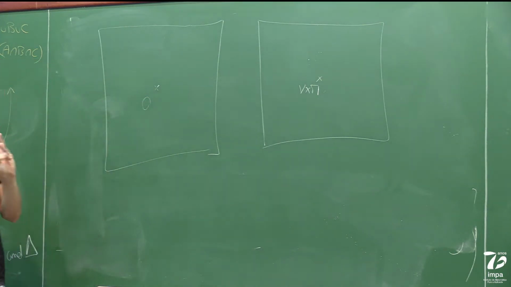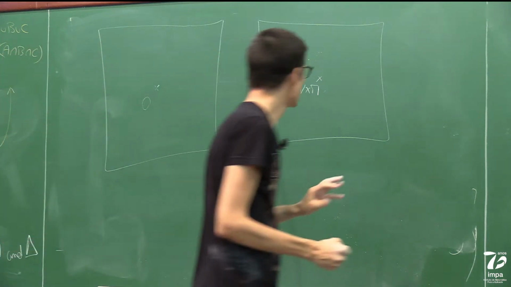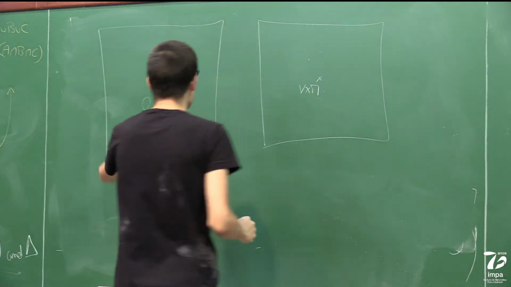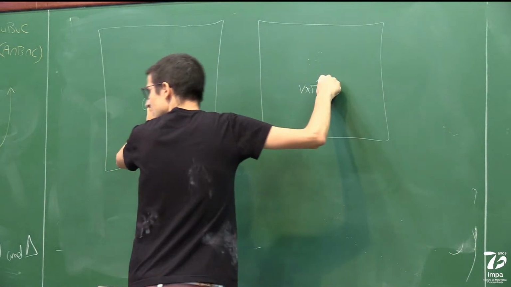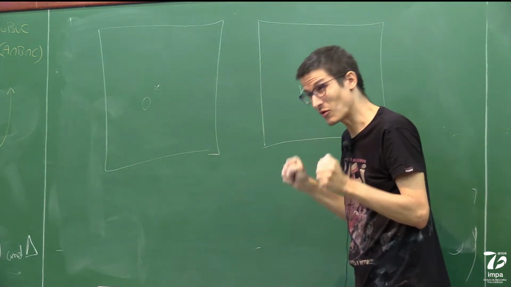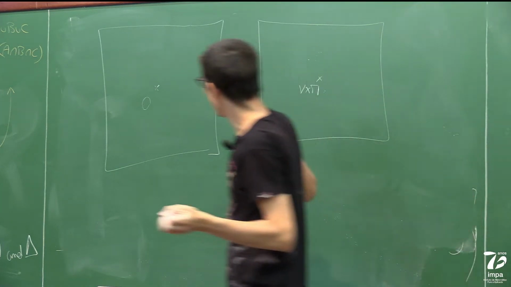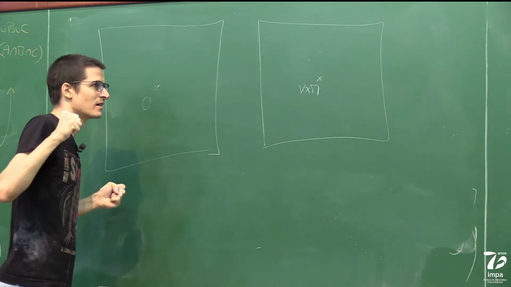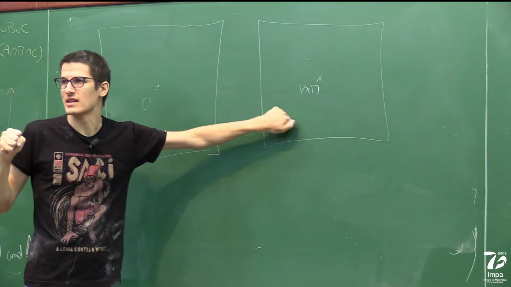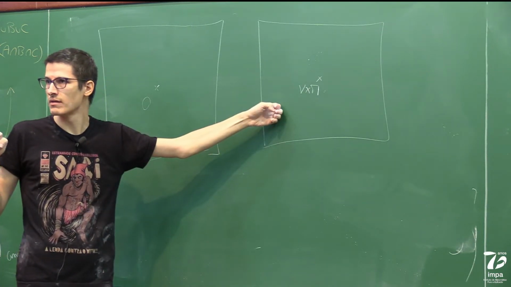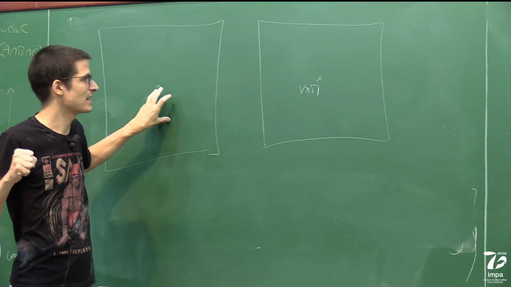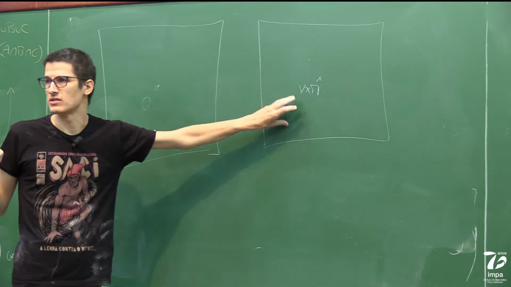Now this event should almost coincide with this event because it's almost translation invariant. And on the other hand, these two events are independent because they depend on edges that are on disjoint sets.